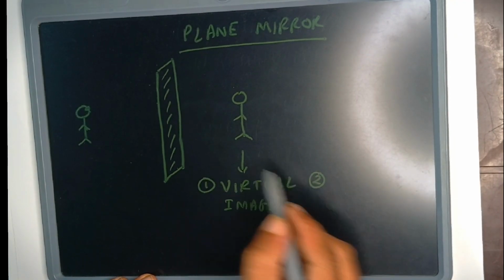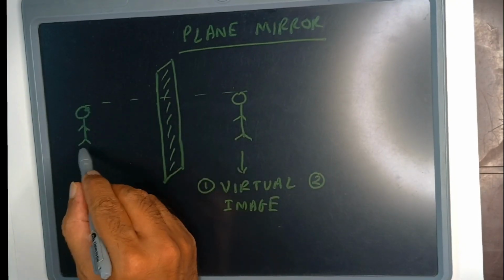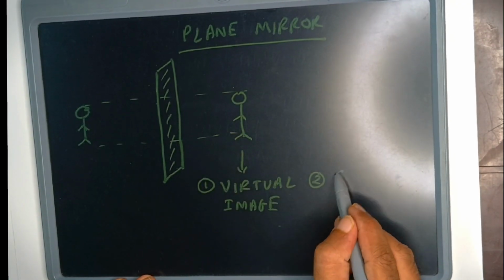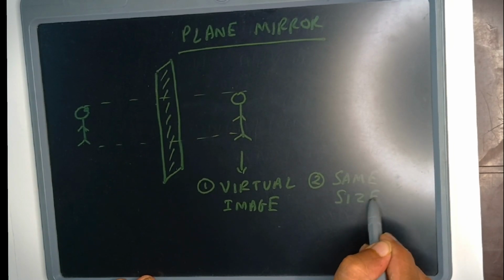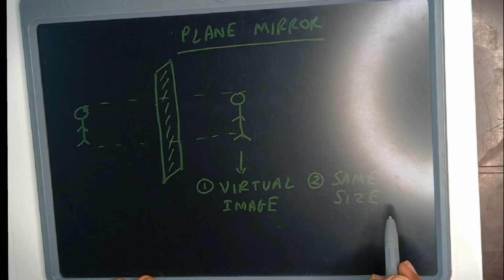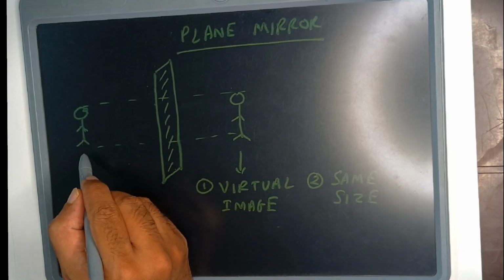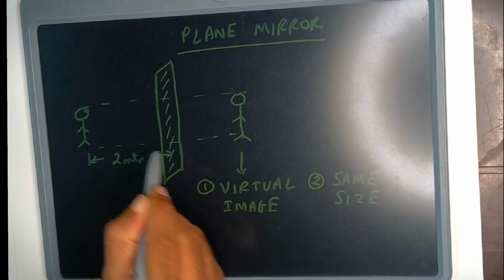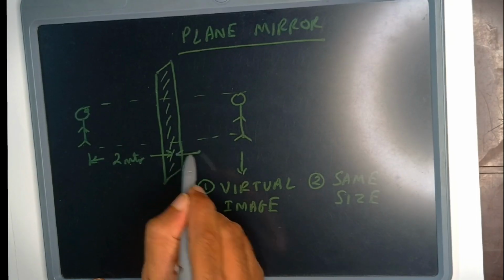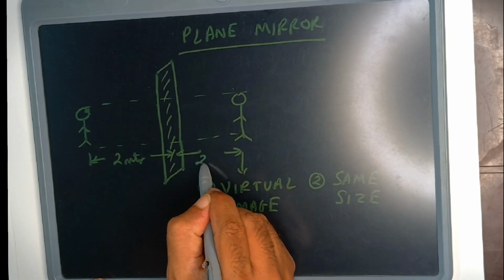The second aspect is that they are of the same size. And if you are standing at a distance of 2 meters from the mirror, then the image is also formed at a distance of 2 meters.